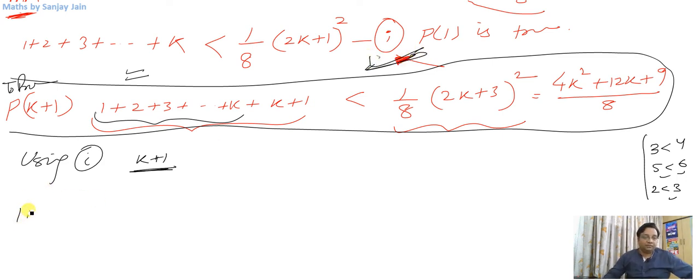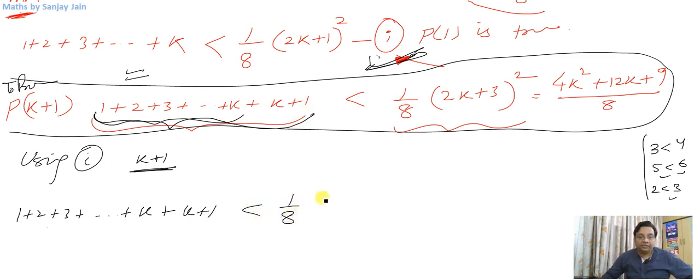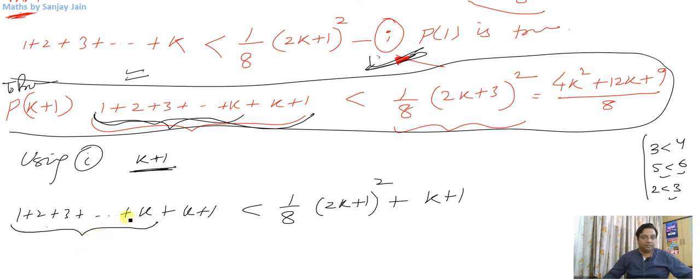So I'll have 1 plus 2 plus 3 plus k plus 1, which is my left hand side of the P of k plus 1, right? And it is less than 1 upon 8 into (2k plus 1) squared plus k plus 1. Okay, now I will replace this much expression. Okay, I don't have to do that because I am using this directly here.